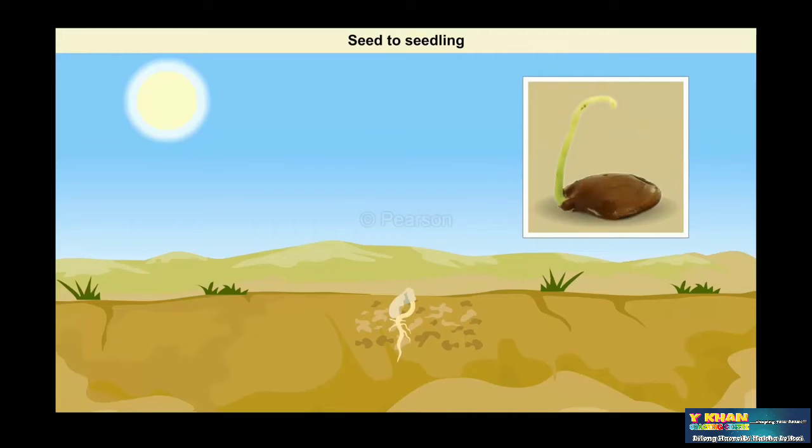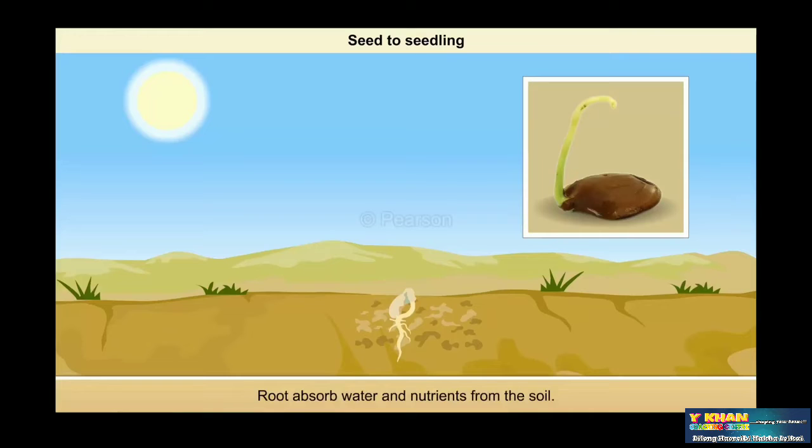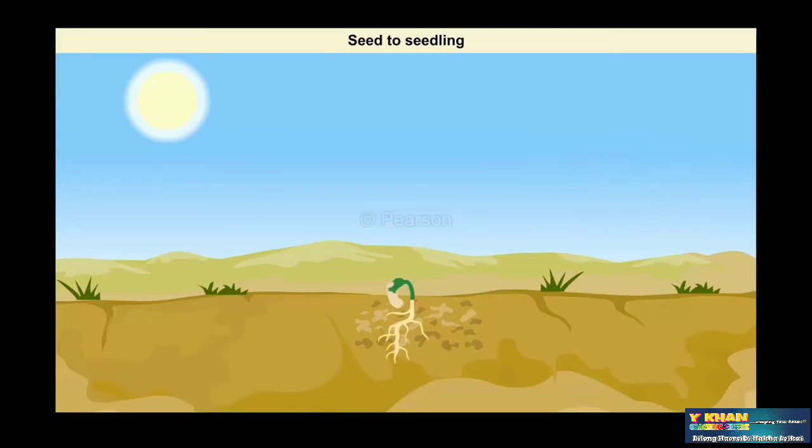The root comes out first and grows into the soil. This fixes the baby plant to the soil and helps the root absorb water and nutrients from the soil. Then, the shoot comes out of the seed and starts to grow towards the sun.